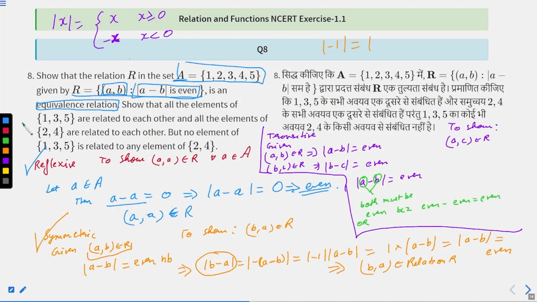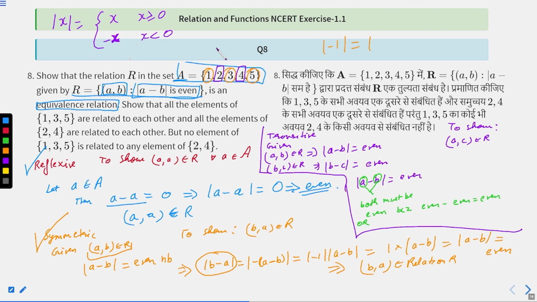You can also see that 1 minus 3 gives even, 1 minus 5 gives even. Take any two odd numbers, and you will always end up with an even number. Pick any two even numbers and subtract them, you will always end up with an even number.